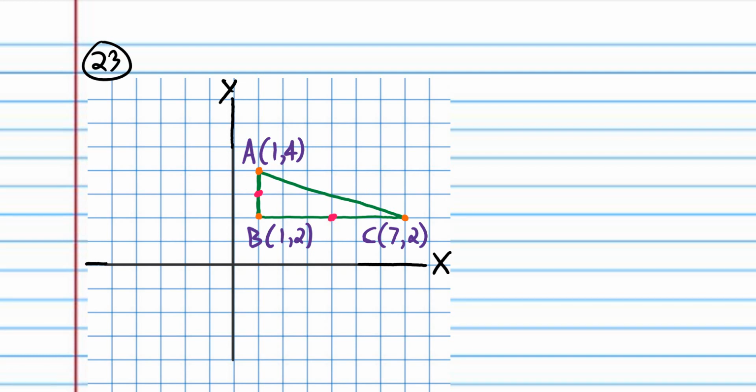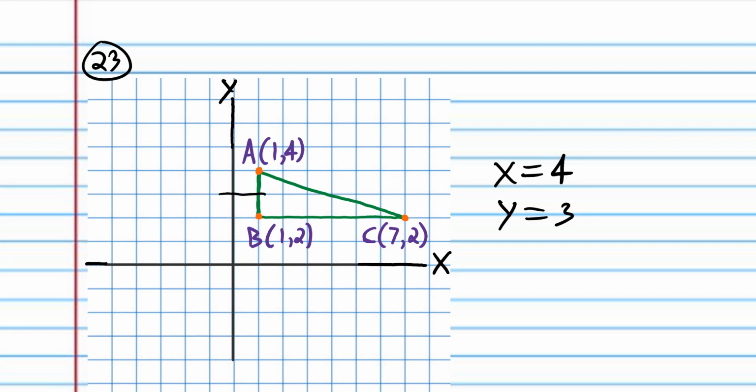So we learned in a previous class that this vertical equation would just be x equals 4. So that equation is x equals 4. And this equation is just y equals 3. Horizontal equations are y equals 3.